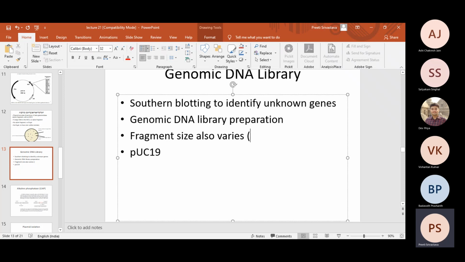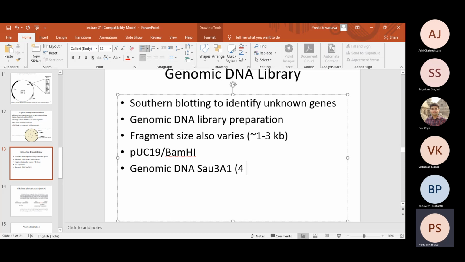You can prepare a library containing 1 to 3 kb of insert, or you can prepare a library containing, for example, 3 kb to 7 kb of inserts. These inserts can be prepared by restriction digestion of genomic DNA. All you need to check is the compatibility with the plasmid. For example, pUC19 can be digested with BamHI, and the genomic DNA can be digested with Sau3AI. Sau3AI and BamHI generate compatible ends, and therefore they can be easily cloned.